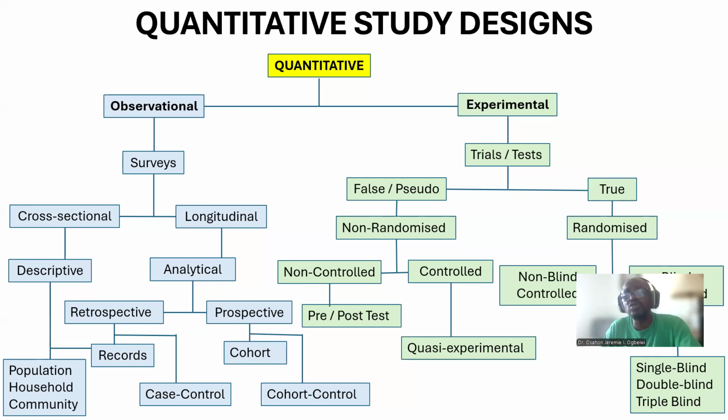And other people go and ask people to recollect things that have happened to them in the past. And those studies, people often say, are affected by a fault called recall bias, because people might not actually remember the truth of what has happened in the past.